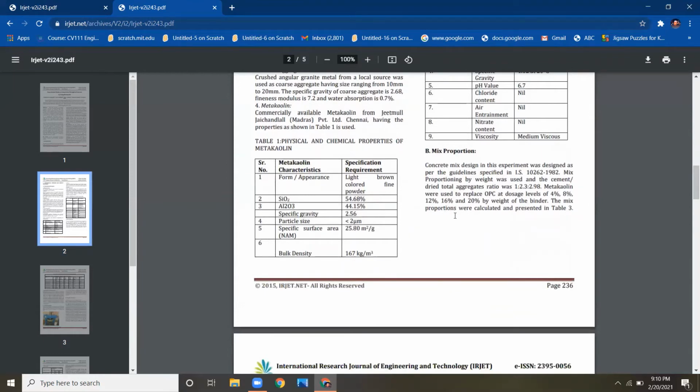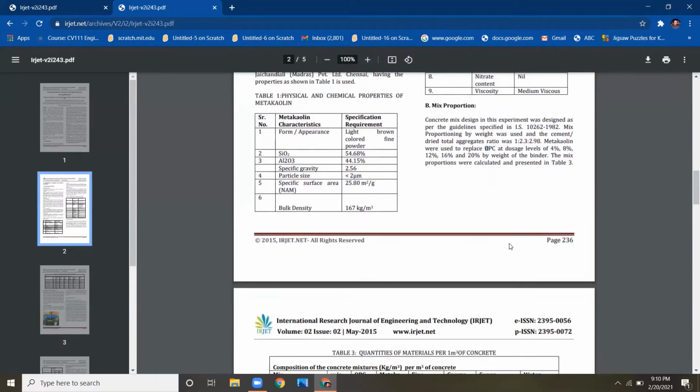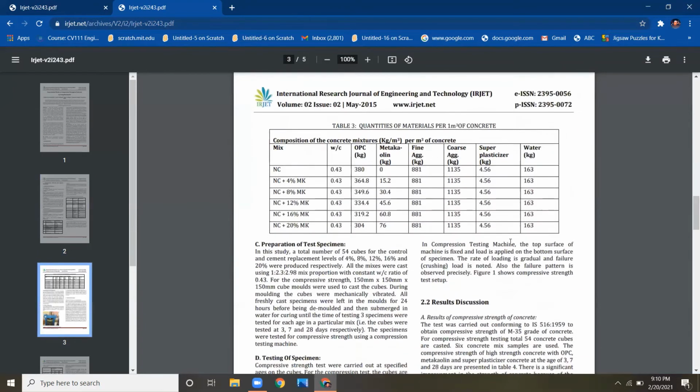Then the mix proportion: they have taken ordinary Portland cement. How much amount did they replace the cement? 4%, 8%, as I already told you in the start. Now you can see the readings they got.